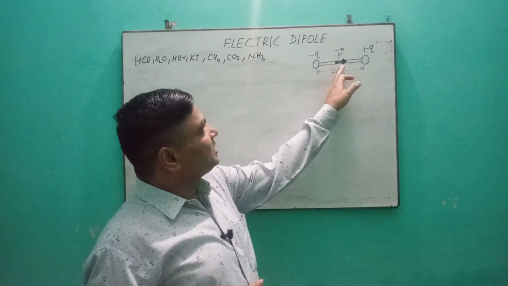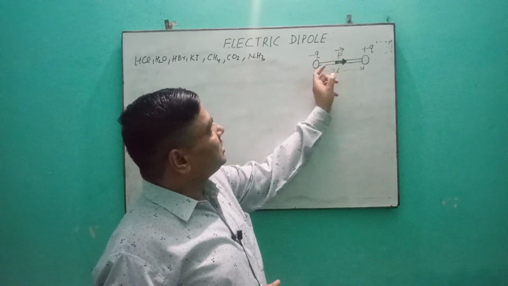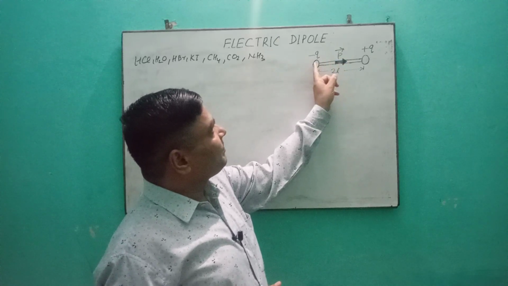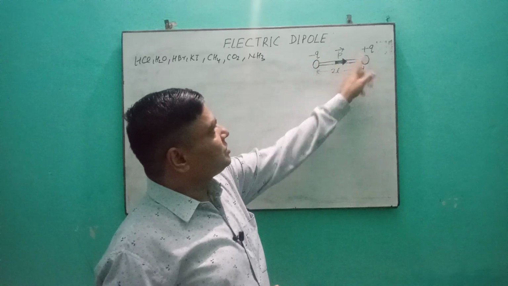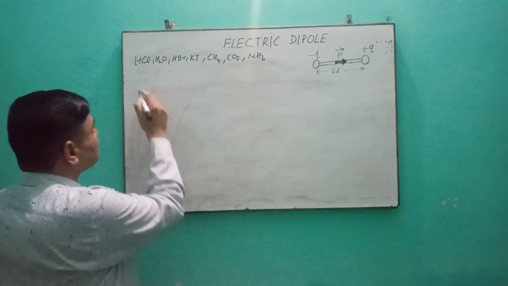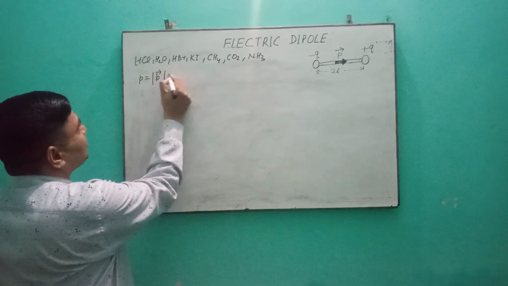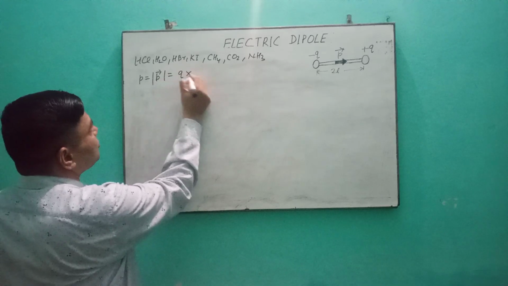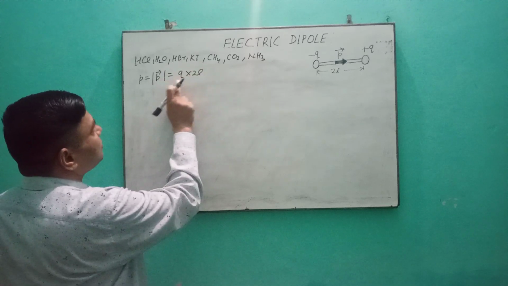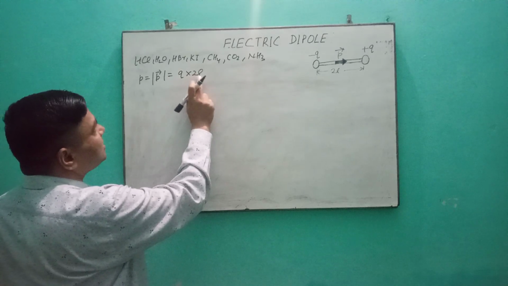This arrow is showing the direction of vector p, that is the electric dipole moment vector, and its direction is always from negative charge towards positive charge. Its magnitude is given by p equals mod of vector p equals q into 2l, that is the magnitude of the charge multiplied by the distance between the charges.